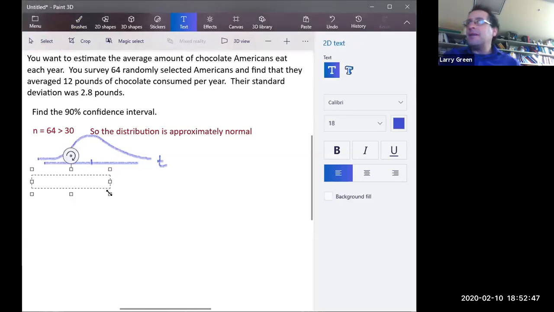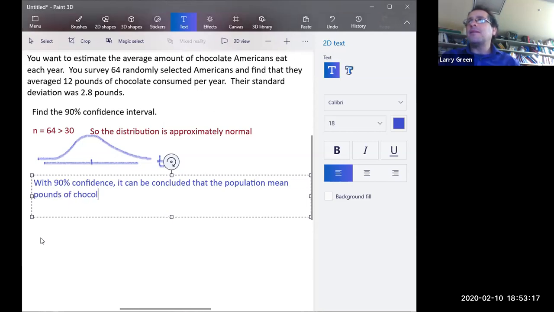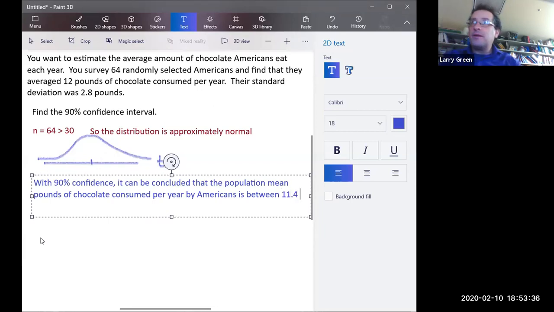With 90% confidence, it can be concluded that the population mean pounds of chocolate consumed each year or per year by Americans is between 11.4 and 12.6 pounds.